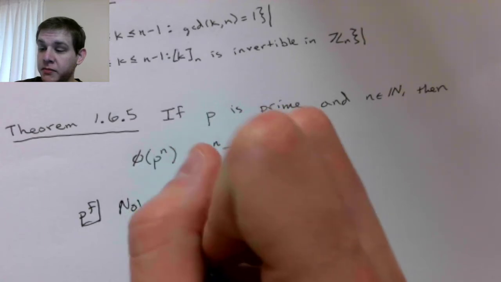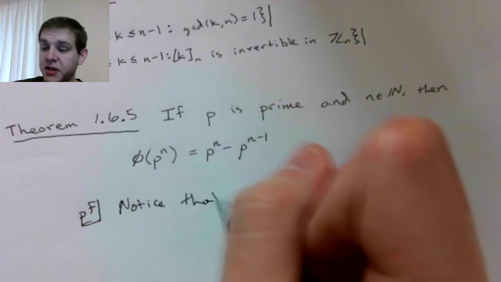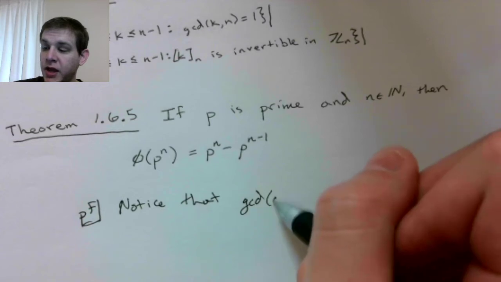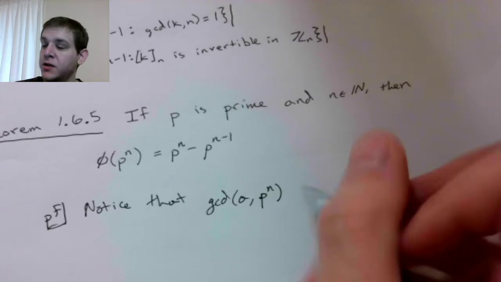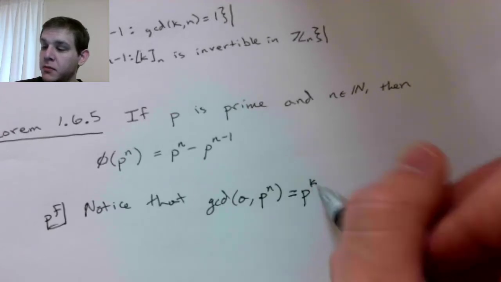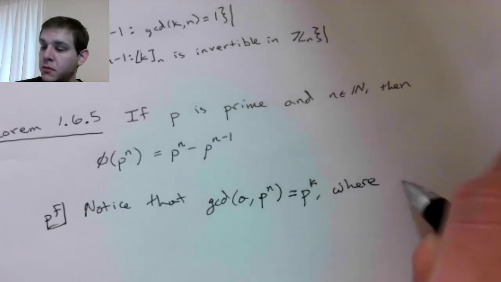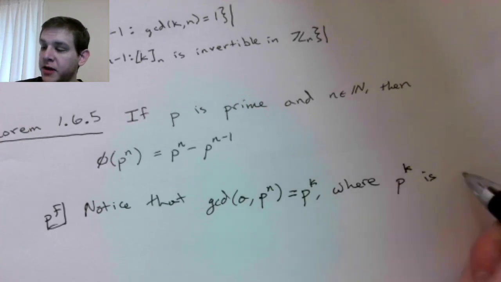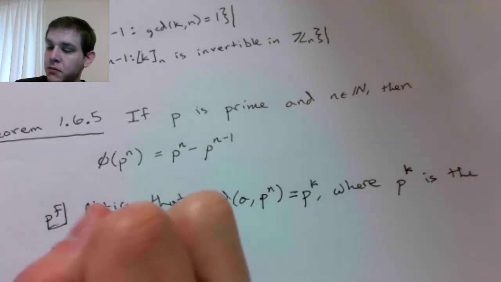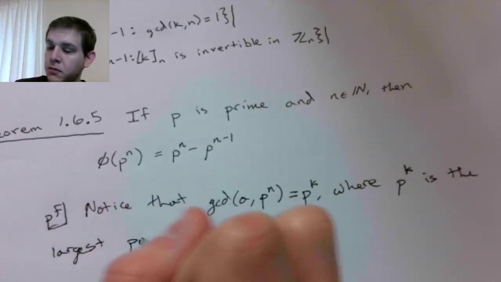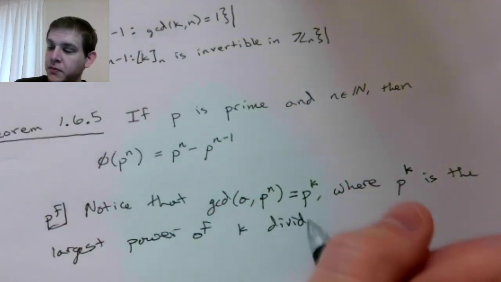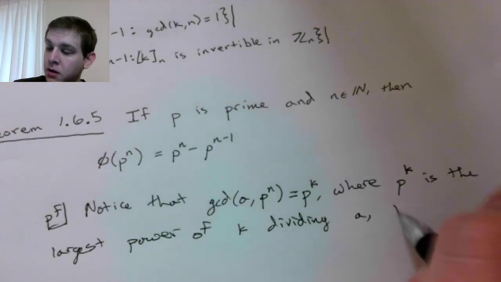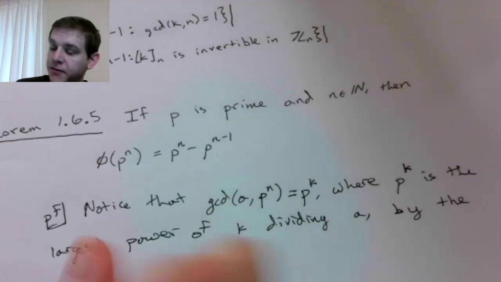So notice that the GCD of a and p to the n is always p to the k, where p to the k is the largest power of p dividing a, by the unique prime factorization theorem.